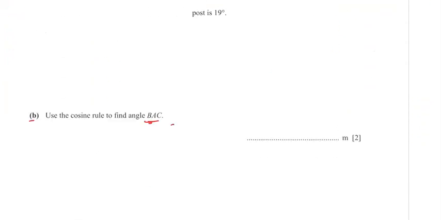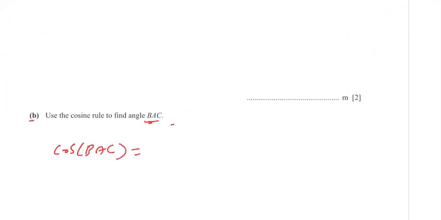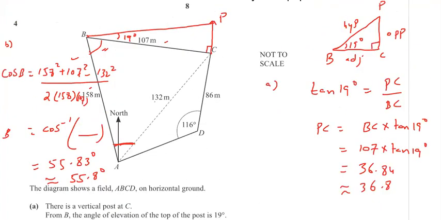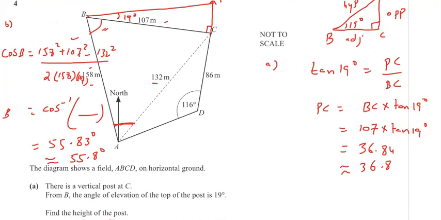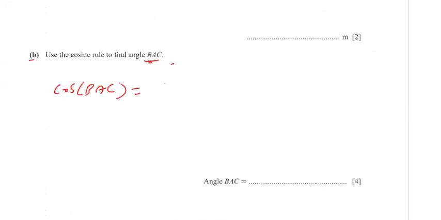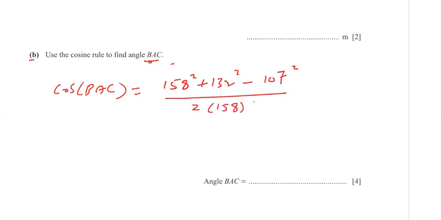To find angle A, you will write cosine of BAC will be equal to, now you will consider these sides, this square plus this square minus this square. So 158 square plus 132 square minus 107 square over 2 into 158 into 132. So BAC will be cos inverse of this whole.